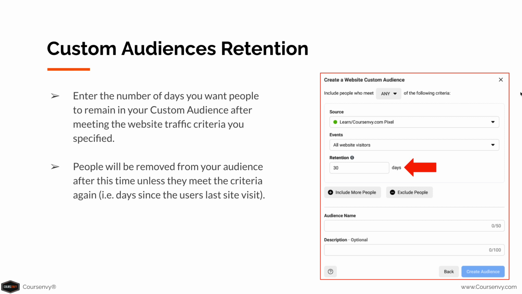And I selected our Coursenvy pixel, and then I selected all website visitors and set it to in the past 30 days. People will be removed from your audience after this time frame unless they meet the criteria again. This is the duration of the users since their last visit.